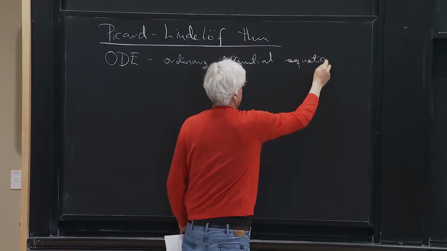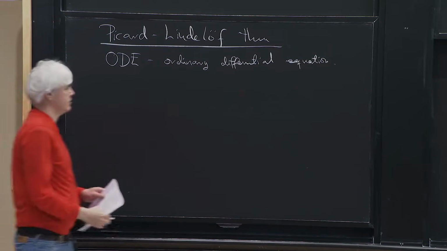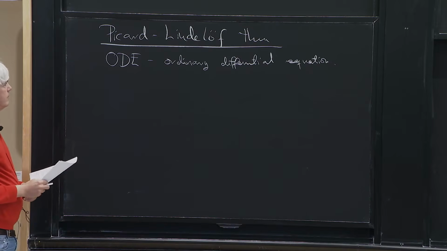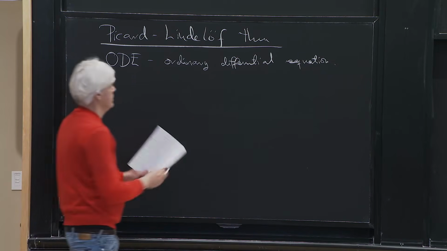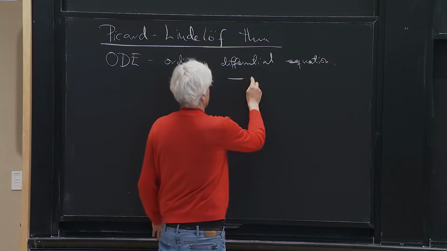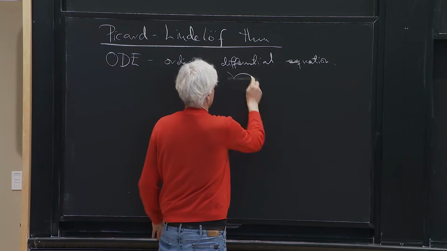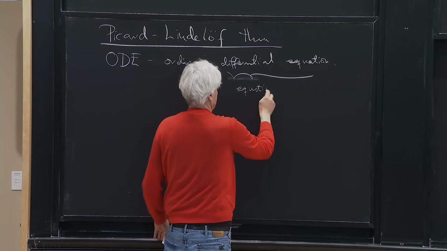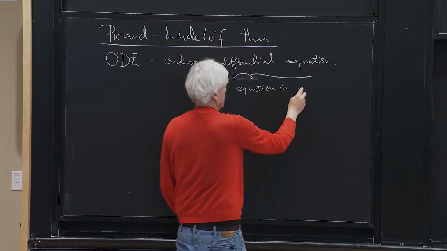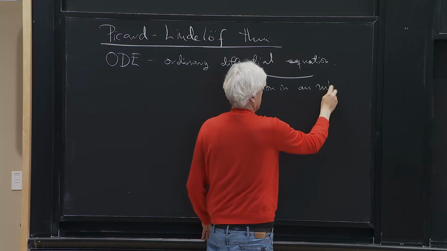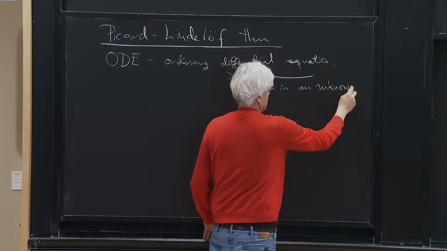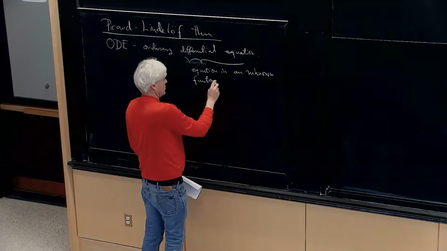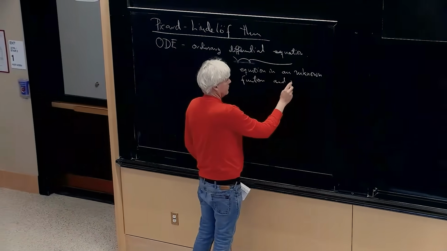And so again, a differential equation is something about an unknown function and its derivative, right? So a differential equation just means it's an equation in an unknown function and its derivative.